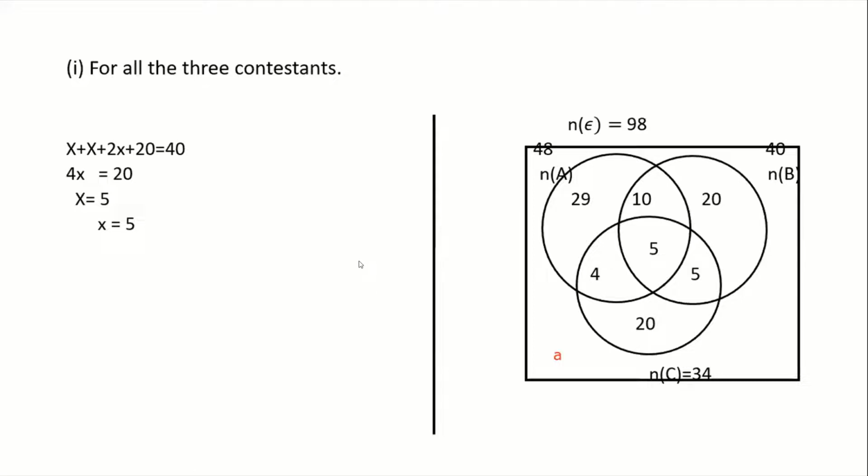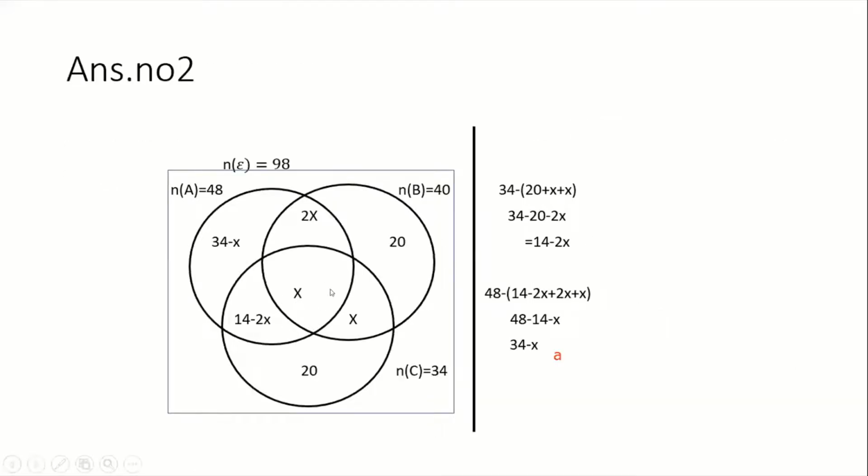I wanted to know how you got X using the Venn diagram. You mean the X in the intersection, or the X in B intersection C? The intersection.